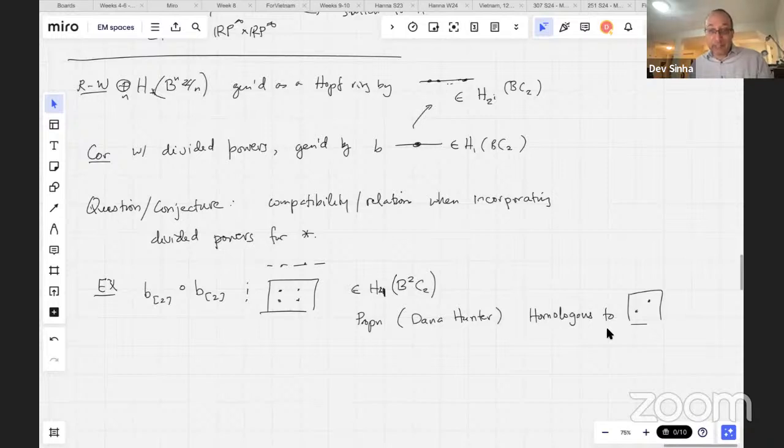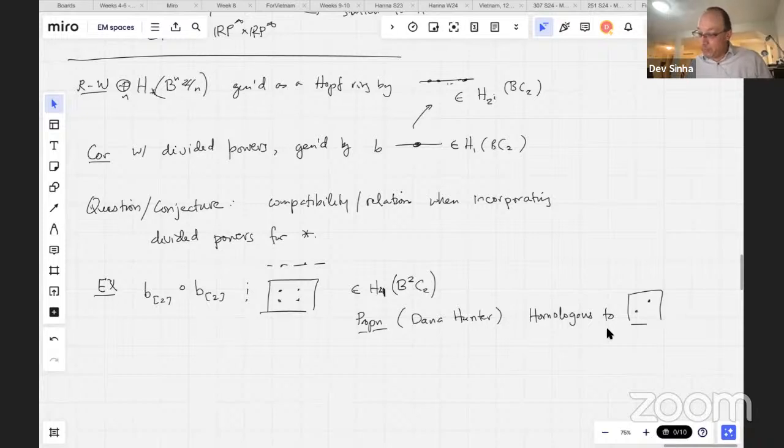But it's actually tricky. Dana had to think of a few different co-bounding objects to get between them. You might wonder, could I take a pair of corners and let them collide and then they vanish and I'm left with the opposite corners, but we couldn't get such a homology to work.